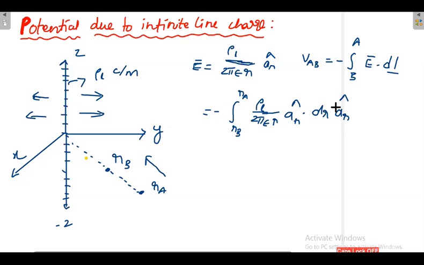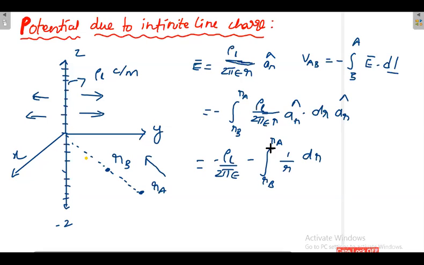Anyway, ar cap dot ar cap is 1. Now compute the remaining integral. Rho L is constant, so you can take it outside; 2 pi epsilon is also constant, so you can take it outside. So minus rho L by 2 pi epsilon times minus integral 1 by r dr, from rb to ra.